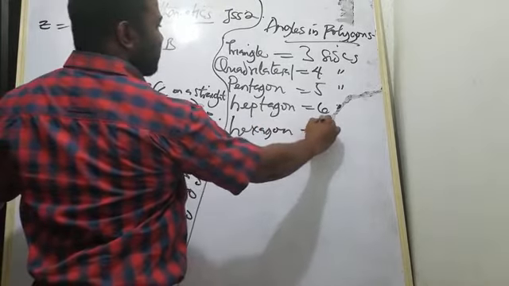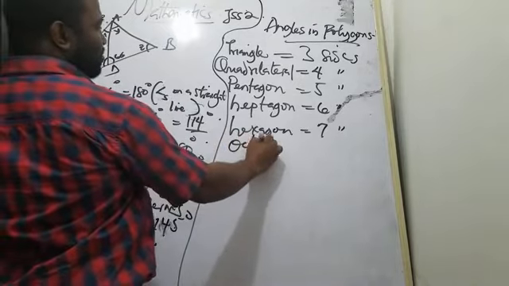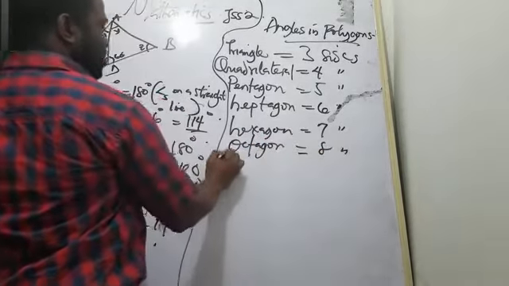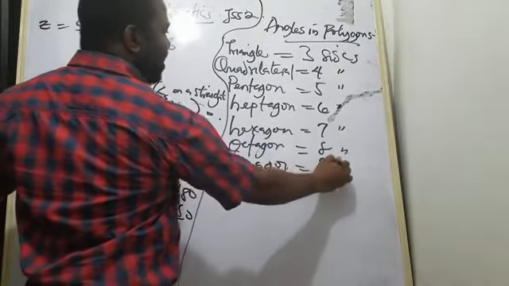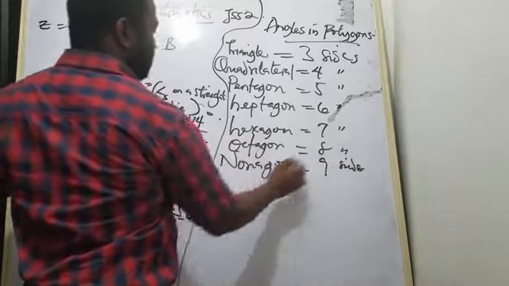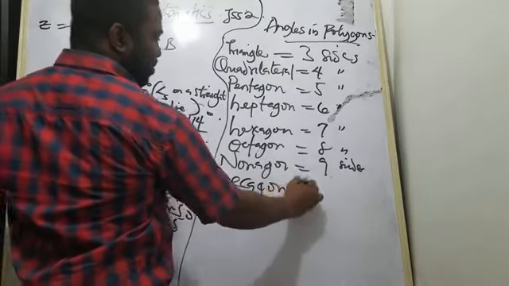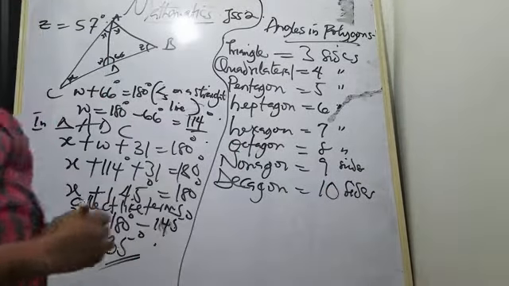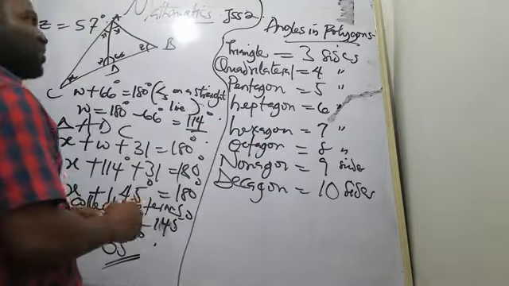It has 7 sides. We have the octagon. It has 8 sides. We have the nonagon. It has 9 sides. And then we have the decagon. That has 10 sides. Okay, now we can calculate the interior angles of each of these polygons.